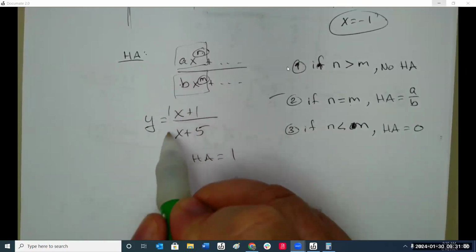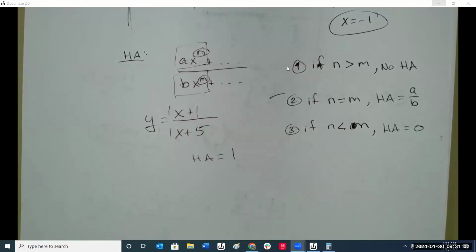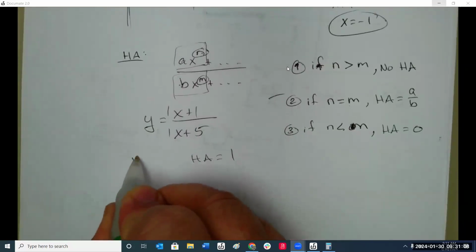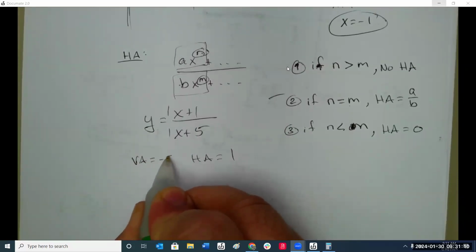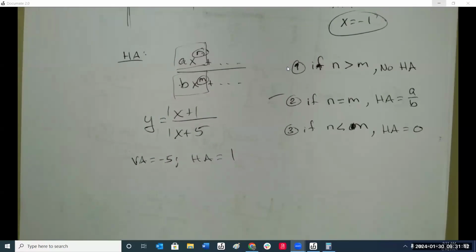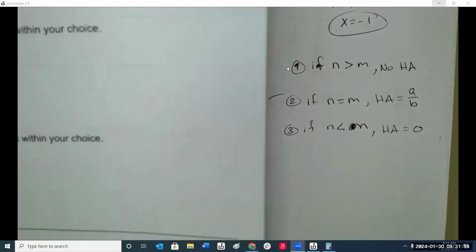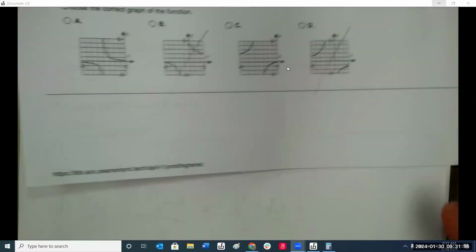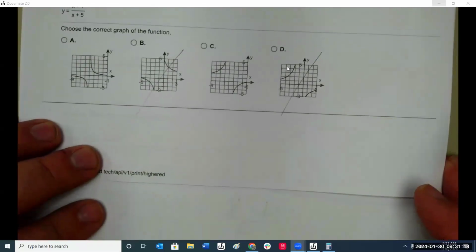The coefficients, 1 over 1 is 1. So we know we have a vertical asymptote at -5 and a horizontal asymptote at 1. So let's see which one of these it can be.